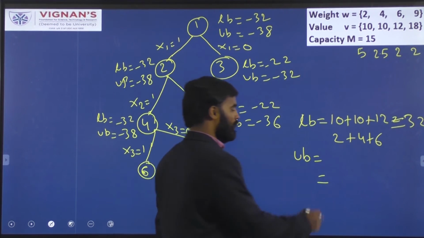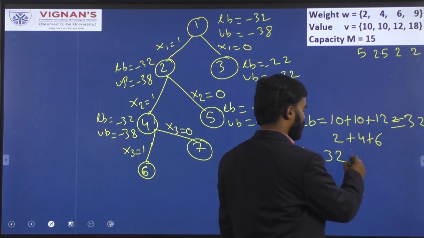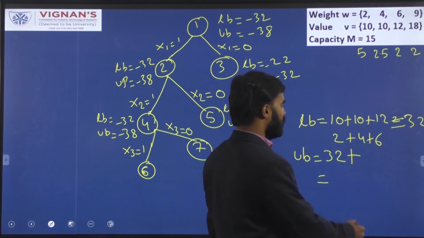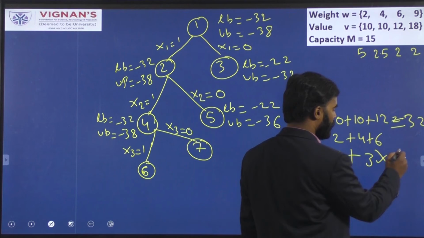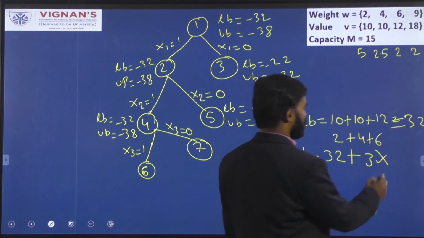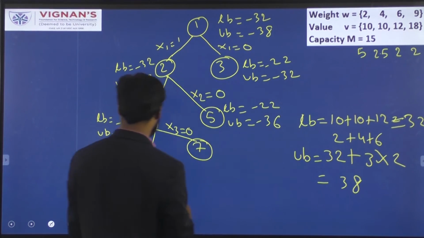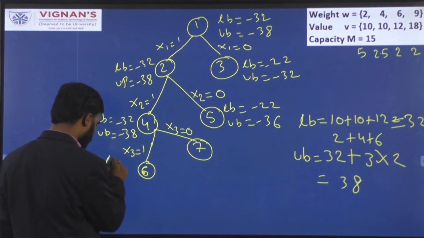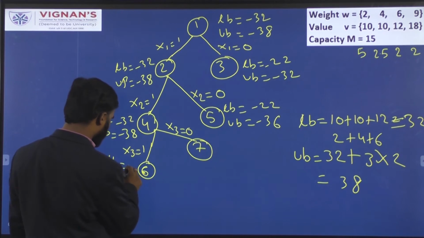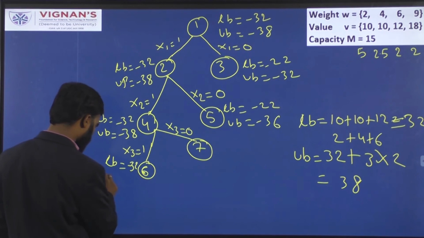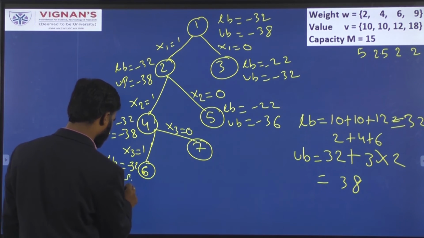Upper bound is the value of the current selection plus the remaining weight. I added 12 kilos, the remaining weight is 3 kilos, and the profit of the next available item is 2, giving 38. So the lower bound of including item 3 is minus 32 and the upper bound is minus 38.